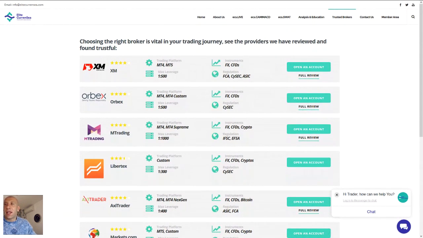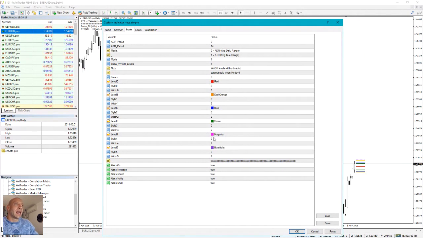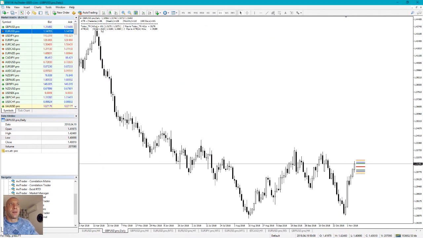And finally, this is very important, guys, this ATR. If you put ATR period as 14 and leave this as it is, it will show you the average true range of this current pair, current chart for the last 14 days. So, for example, you see that the GBP dollar has the ATR of 115.